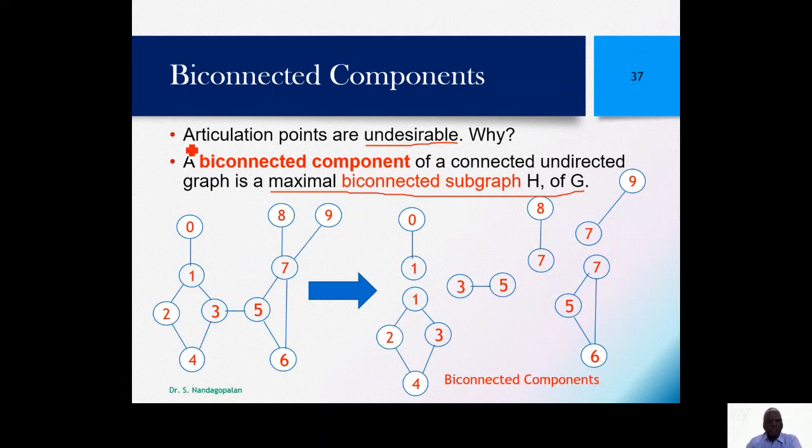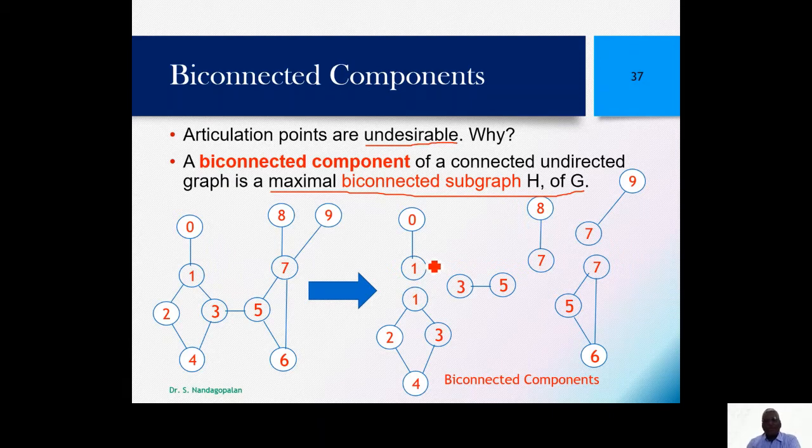So a biconnected component of a connected undirected graph is a maximal biconnected subgraph. From a graph, whatever subgraphs I get, each one is a biconnected subgraph, and that is a biconnected component.